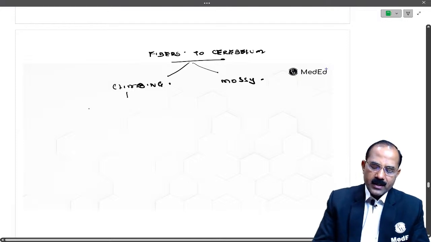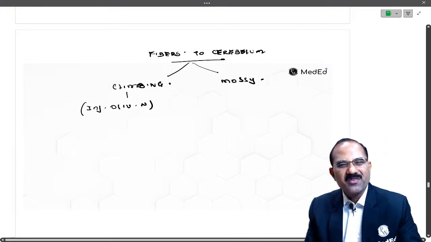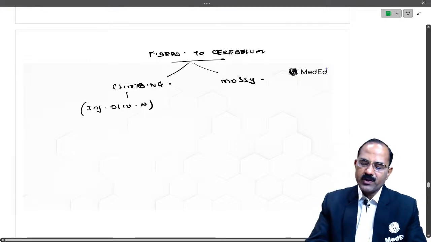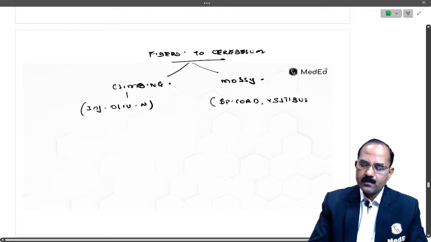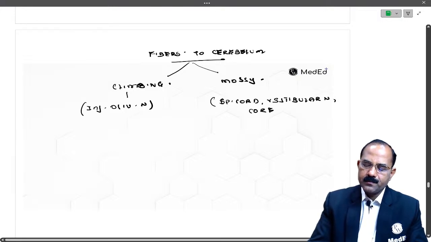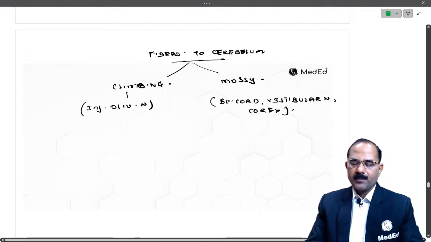Climbing fibers arise from the inferior olivary nucleus. This is what I've told you. Mossy fibers arise from the spinal cord, vestibular nucleus and cortex. So these are climbing fibers and mossy fibers.